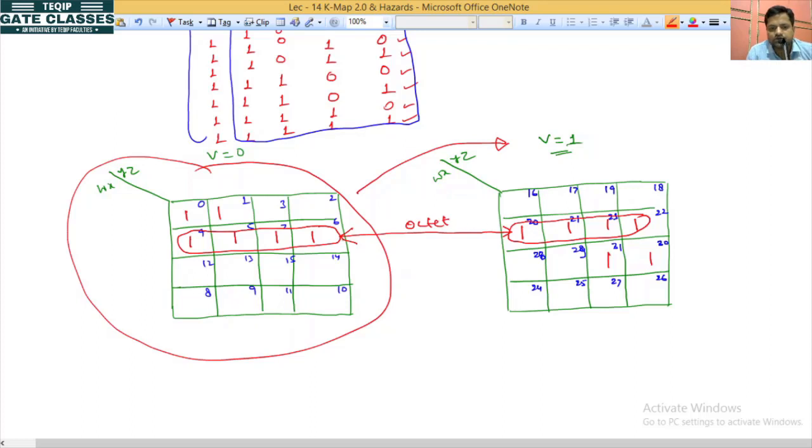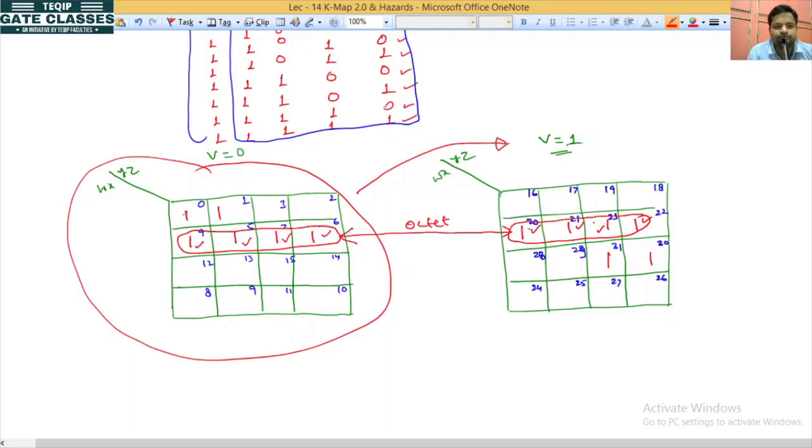In v equal to 0, the corresponding cells will be adjacent, meaning this cell is adjacent to this one, and similarly this cell is adjacent to this one. So all these four are adjacent with all these four, so we make one octet.